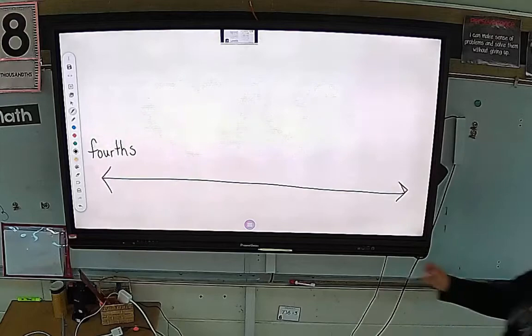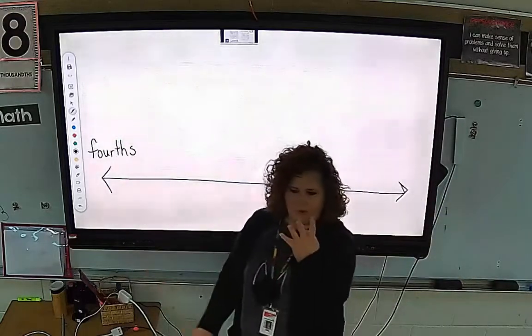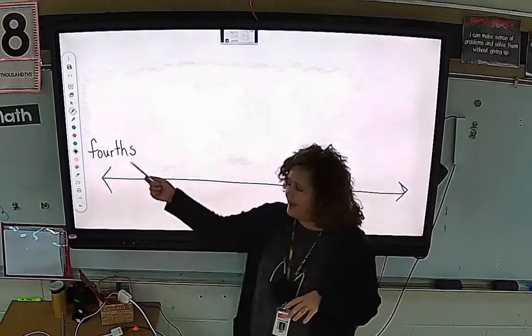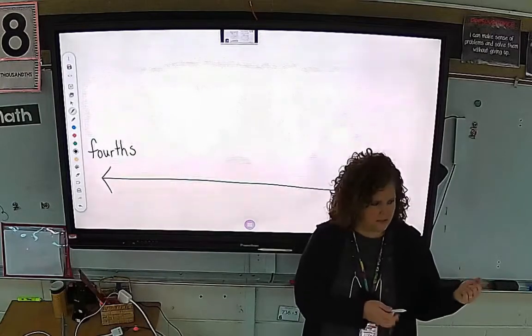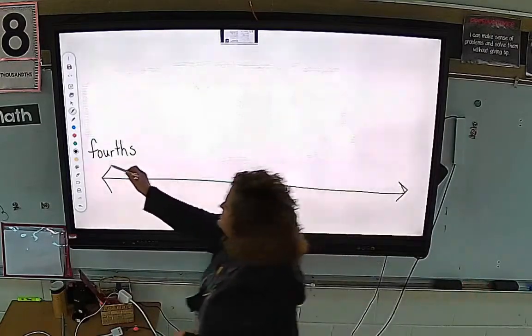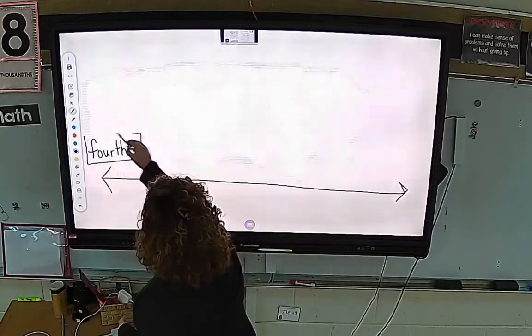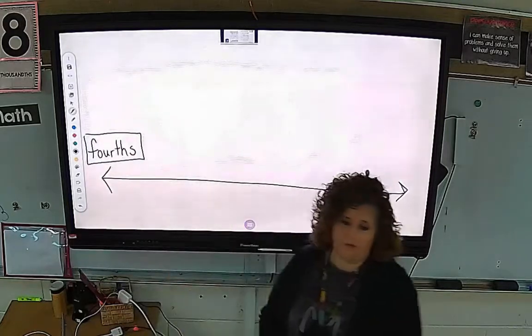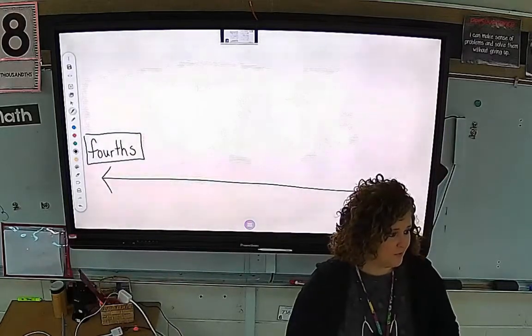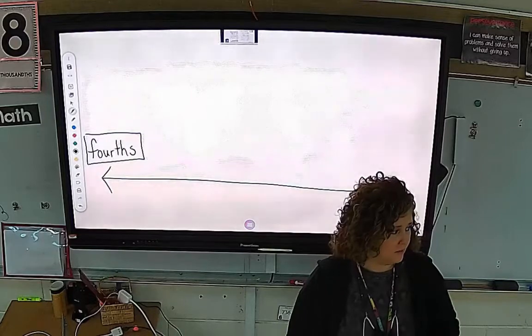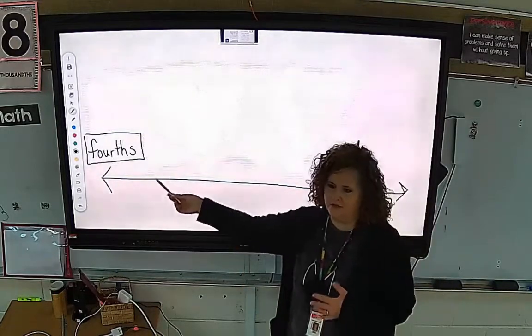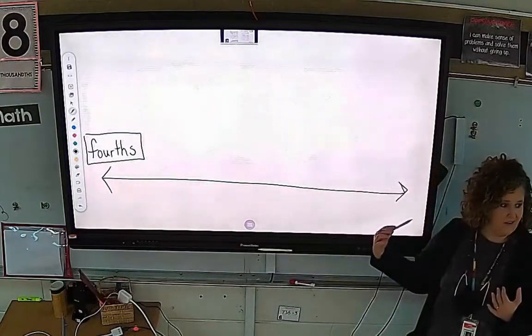Okay, when it says fourths, not 4, but fourths, it's written like that, we know we're dealing with fractions. So we know that this is our denominator and that we need 4 pieces, except, hold on, it could be more than 4 pieces, couldn't it? What if our number line goes from like 2 to 4?